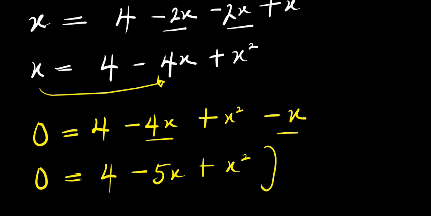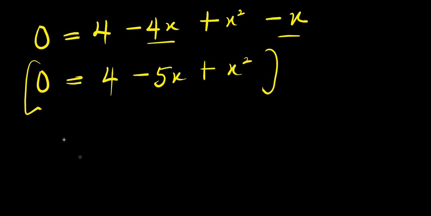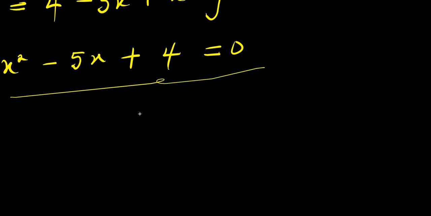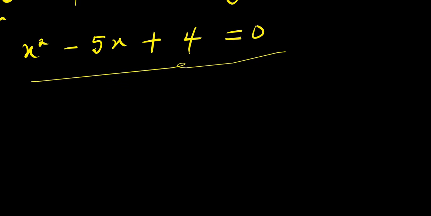So let's rearrange this. I will have x squared minus 5x plus 4 equals 0. So this is a quadratic equation that we are going to solve for values of x.